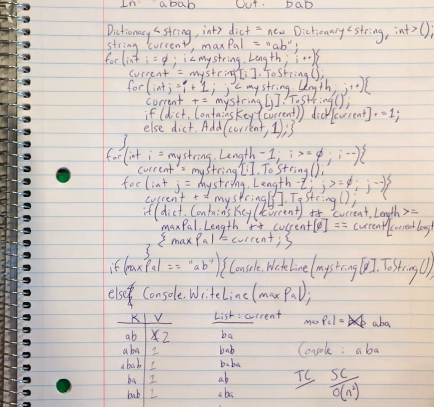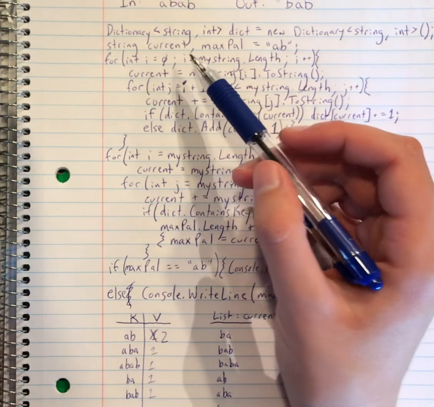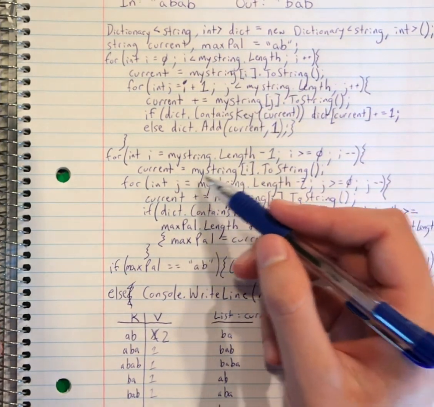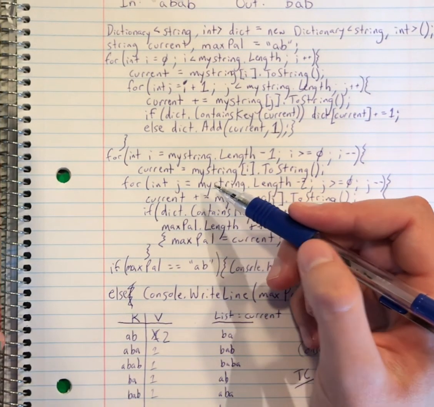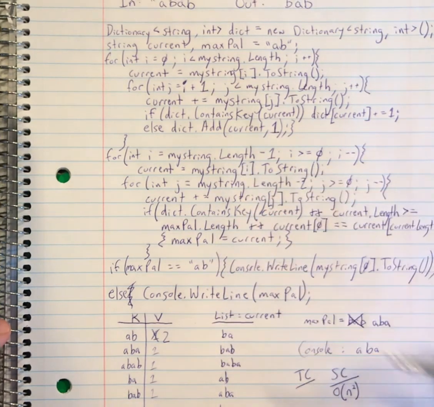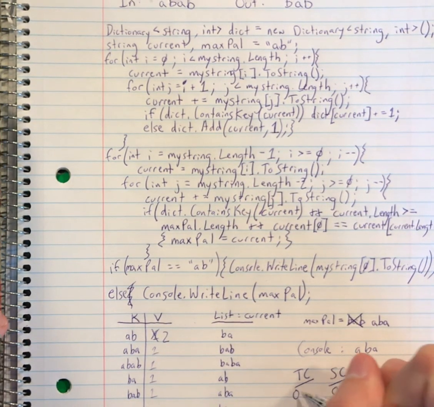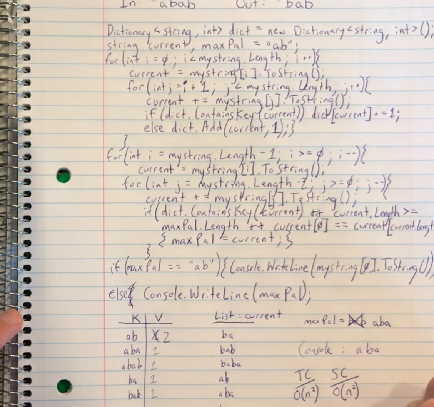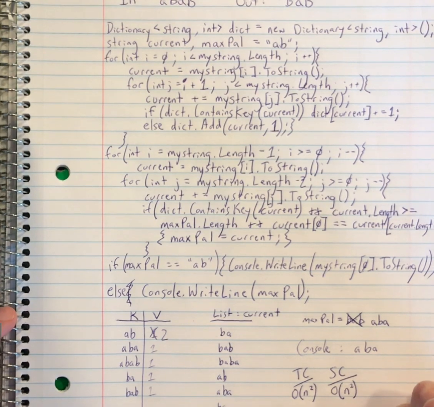Time complexity, we are looping through n squared elements here, but these two nested loops are not nested within these loops. So our time complexity is also big O of n squared, which is an excellent time complexity for this algorithm.